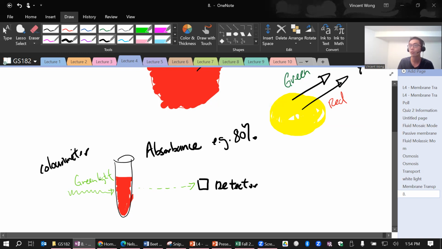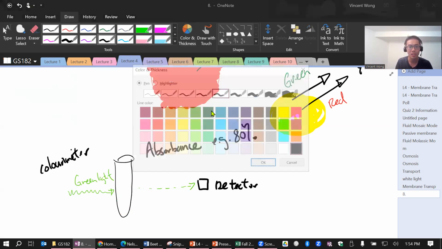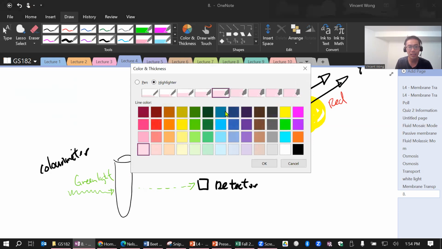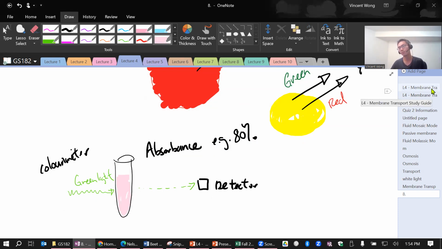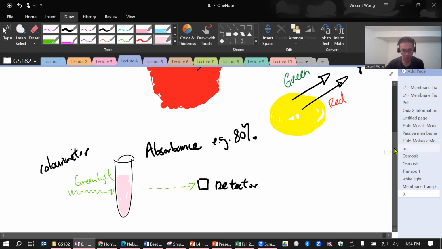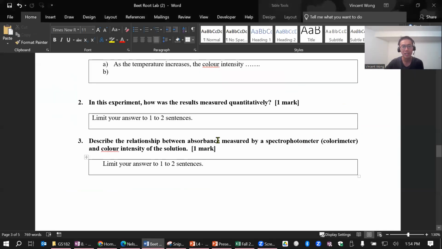If the color is very light, almost pink, then you would have a lower absorbance, because it's not picking up all the green light. Hopefully that explains the relationship between absorbance and color intensity.